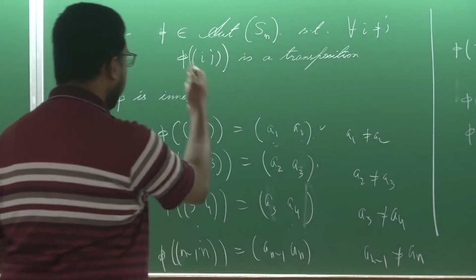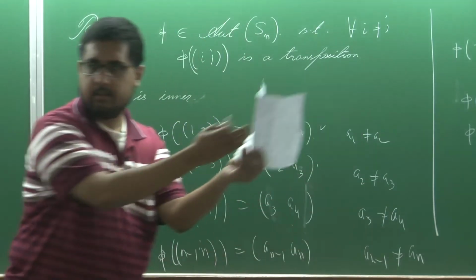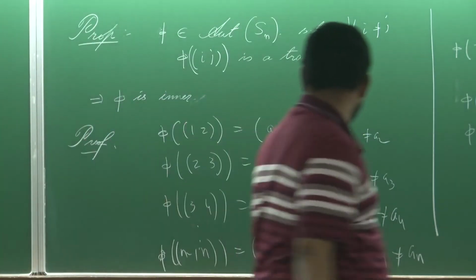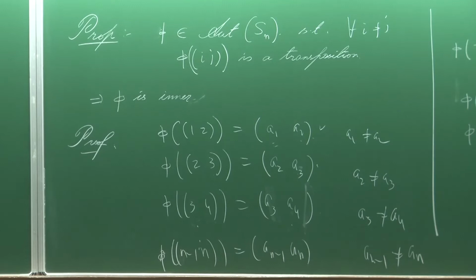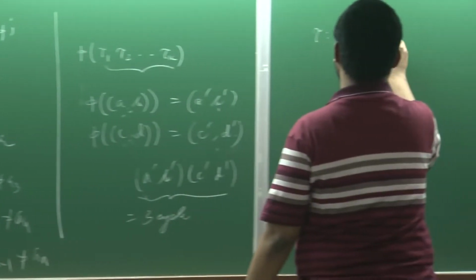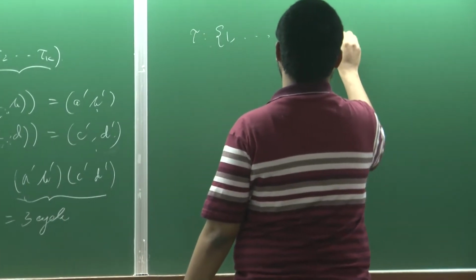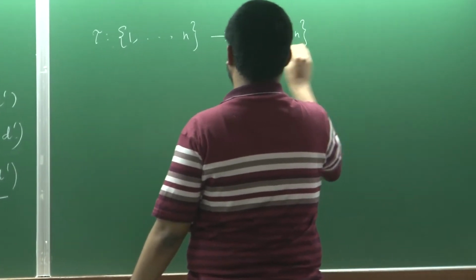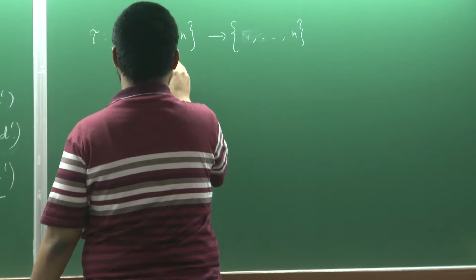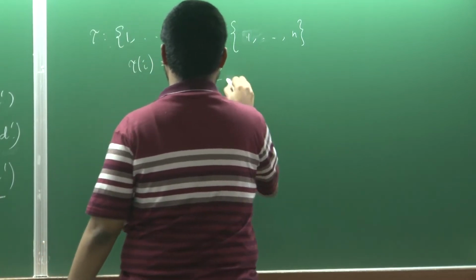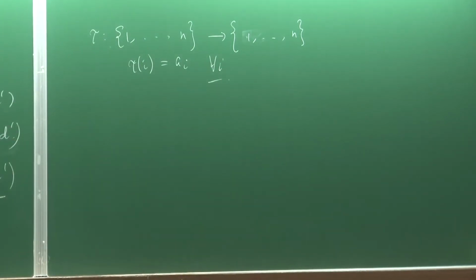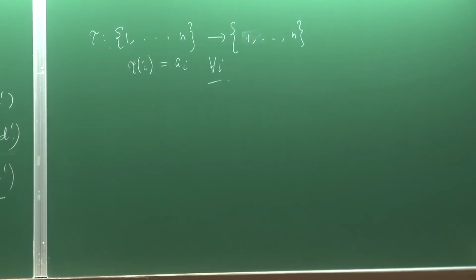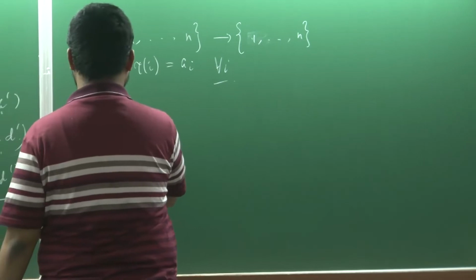So, A1 up to An are nothing but precisely 1 up to n. Okay. So, now we define tau(i) equal to Ai. Since Ai is not equal to Aj when i is not equal to j, therefore tau belongs to Sn.